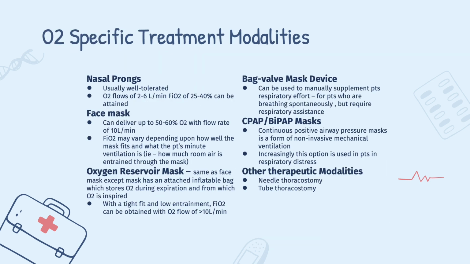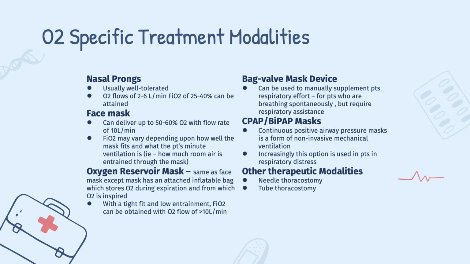So we'll quickly get through this slide. Oxygen-specific treatment: we certainly know nasal prongs and face mask, our oxygen reservoir mask, our bag valve masks, CPAP and BiPAP. I know I have talked about that. BiPAP is going to be your friend. Anytime I had a patient in congestive heart failure that was having pulmonary edema, I'd hit them with a big dose of Lasix and throw on the BiPAP before I would intubate, because sometimes the BiPAP is enough to prevent needing intubation.